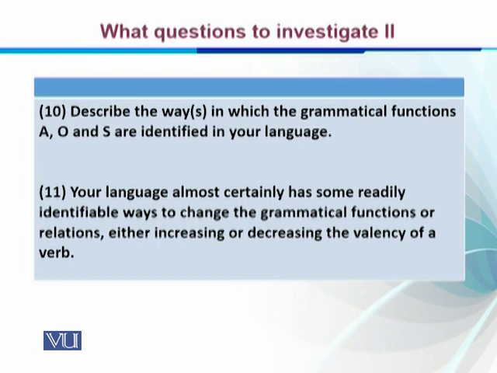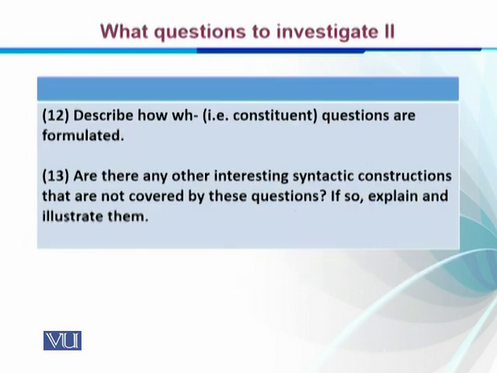So with the help of the valency of the verb, we can change different grammatical functions in our language. So is this the same in the language we are discussing, or is it different from English or our own language? Describe how WH constituent questions are formulated.